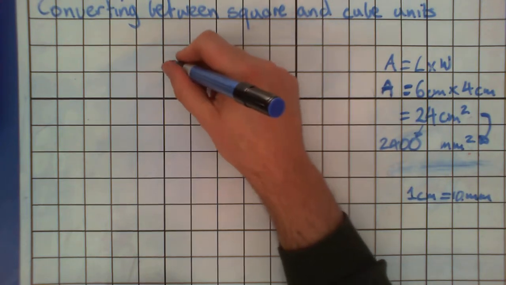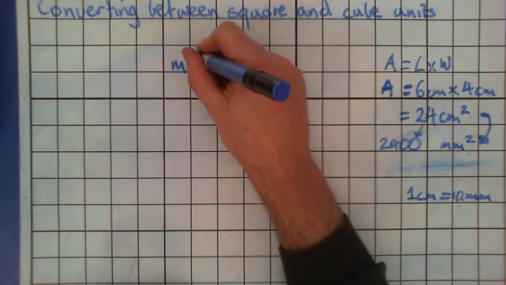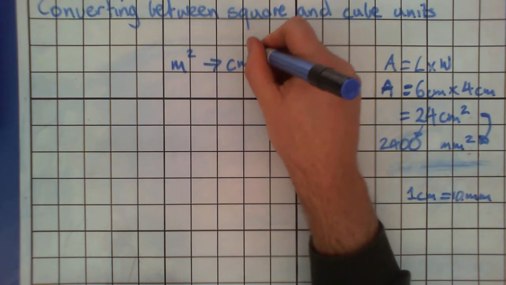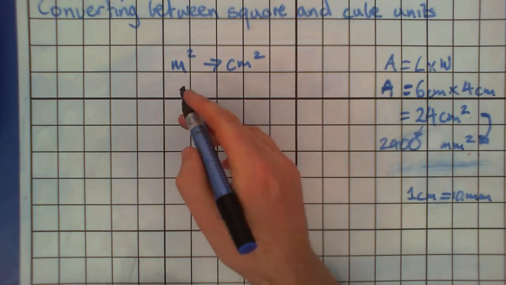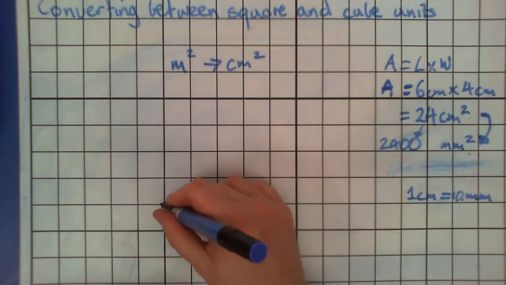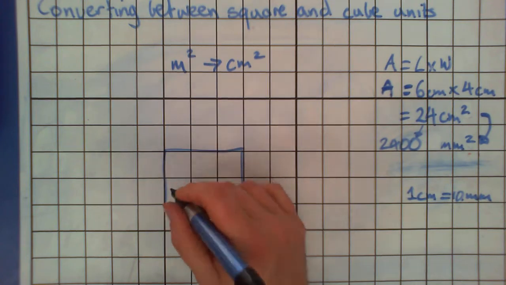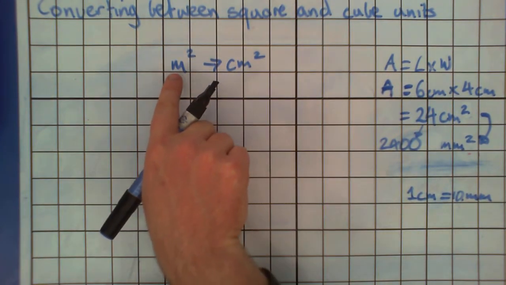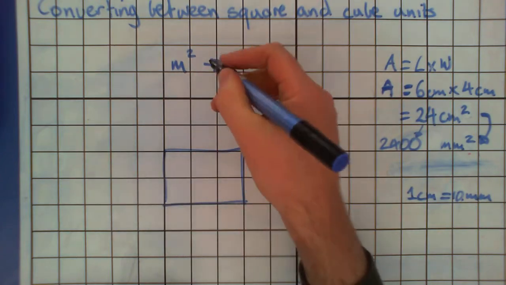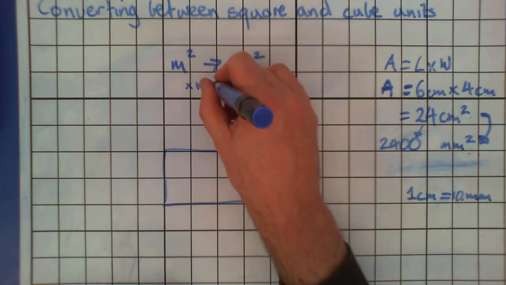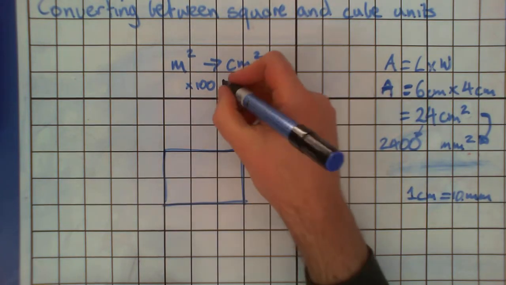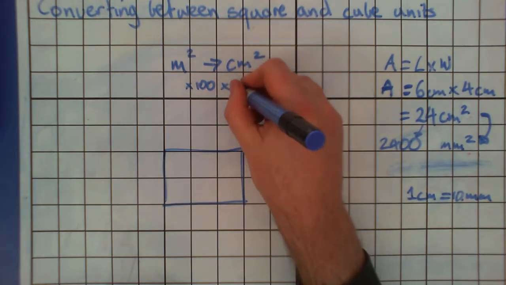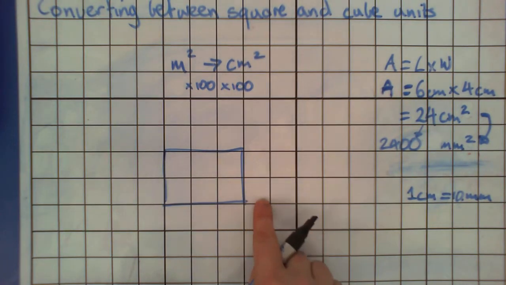Okay. If we were going to convert meters squared to centimeters squared, remember this is an area, so it's got length and width, right? And we know we need to convert from meters to centimeters. We need to times by 100. That will be for the length, and then times by 100 again for our width. Okay?